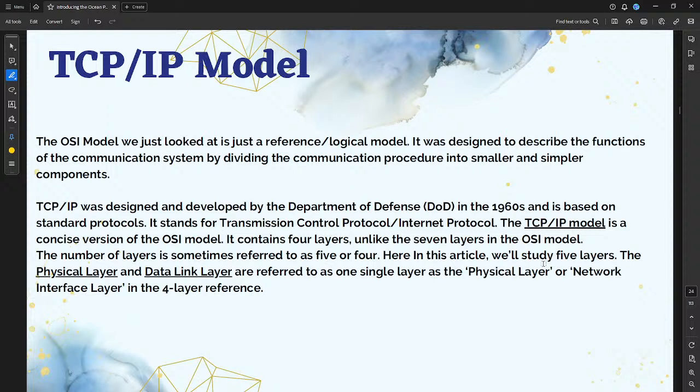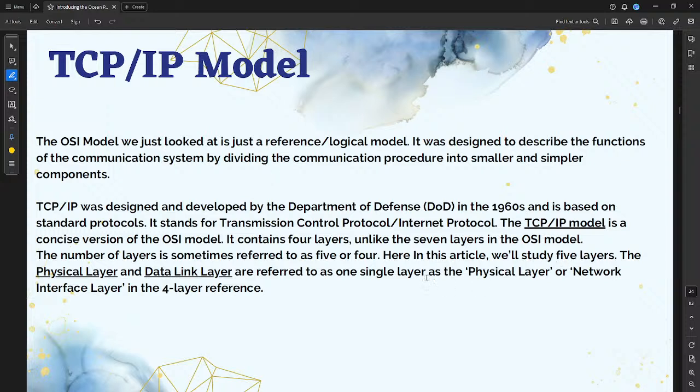So that brings us to what is known as the TCP/IP model. I remember I spoke about this, which is the Transmission Control Protocol Internet Protocol model. Now, the OSI model we just looked at is just a reference and a logical model. It was designed to describe the functions of the communication system by dividing the communication procedure into smaller and simpler components. Very important, when we talk about the TCP/IP model, it's like the OSI model, but instead of 7 layers, it comes in 4 layers.